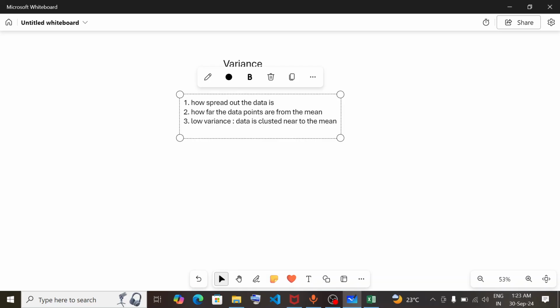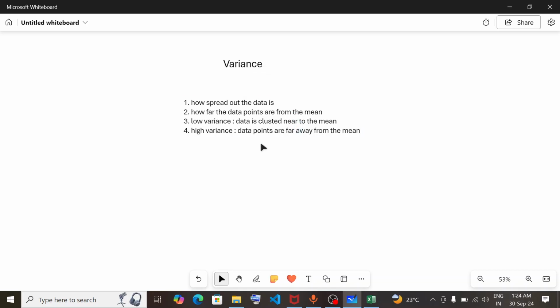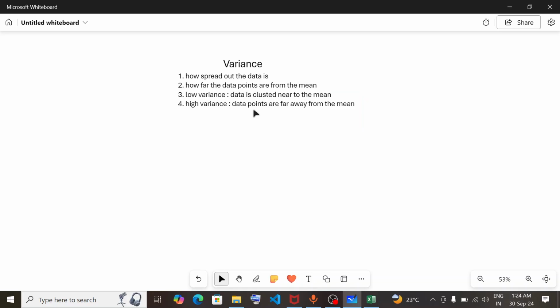And when we have high variance, it means data points are far away from the mean. These are the key points we should be very clear about with respect to variance, because variance is very important to understand the distribution of data.